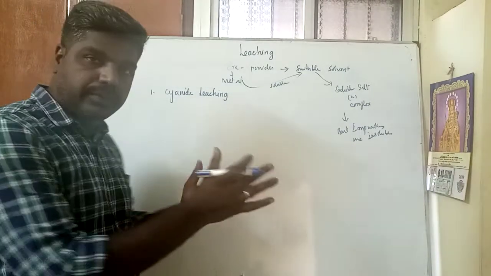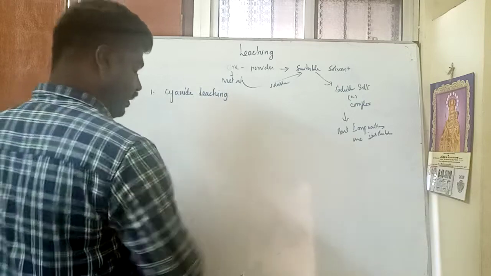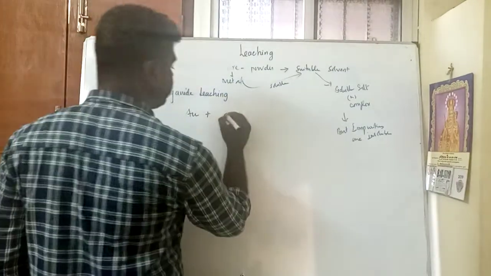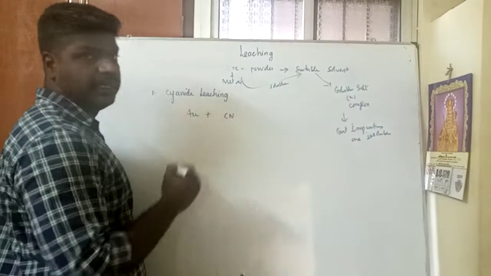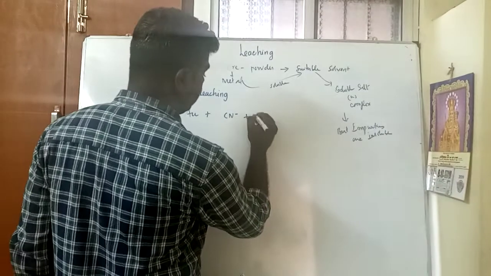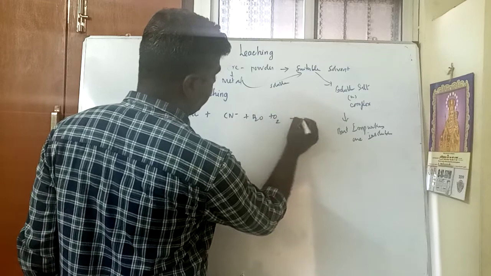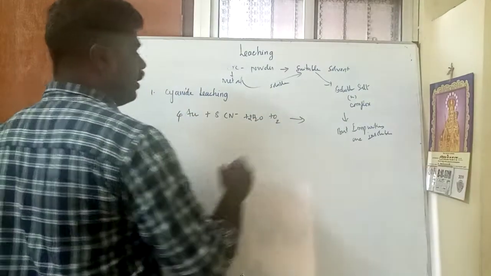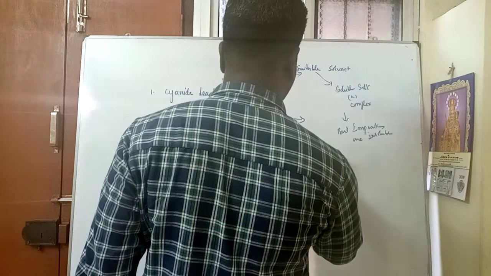They are called as what? Suitable solvent. Here, the gold is mixed with the suitable cyanide, then water in the presence of oxygen. Here it forms a complex.